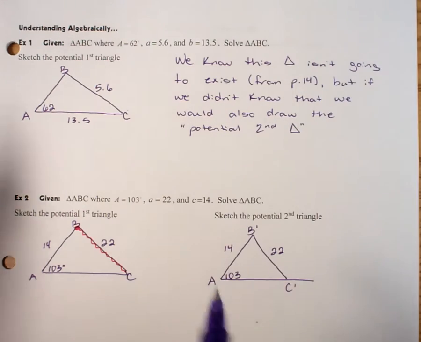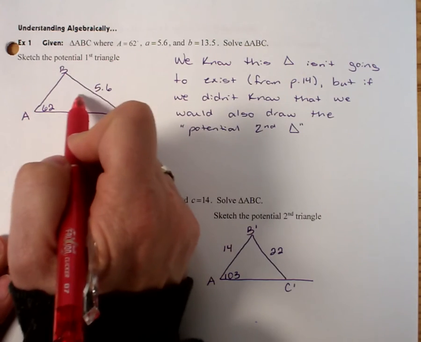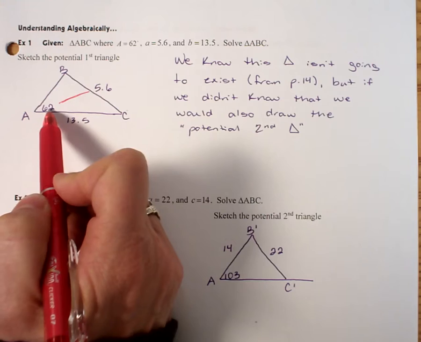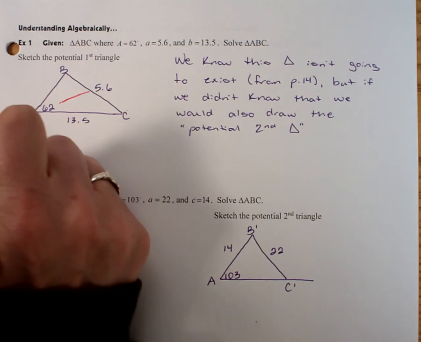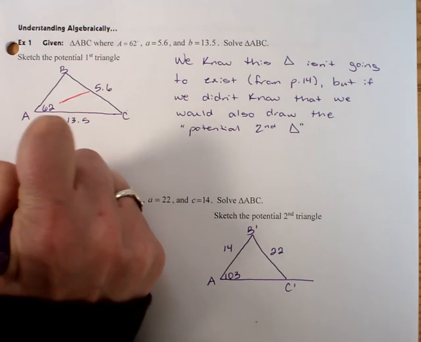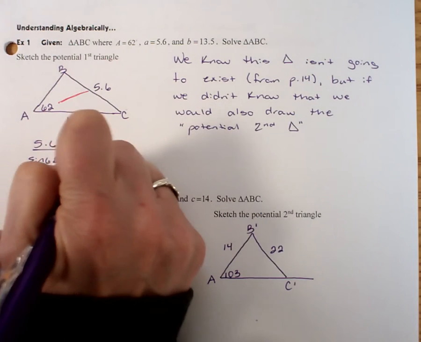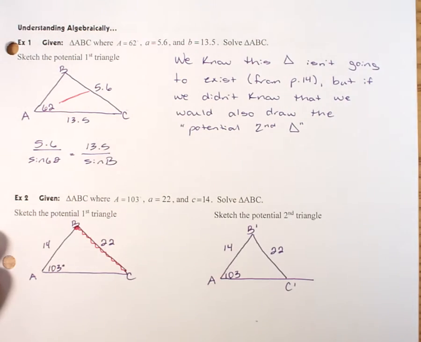So how would we know this? The first thing we would do is look at this and say, oh, I can see that link between the side and the angle across from it. That tells us we could set up a law of sines. So we would say 5.6 over sine 62, and we only have one choice of an angle to find, so 13.5 divided by the sine of B. We're solving for an angle this time, so that's definitely going to change some things.